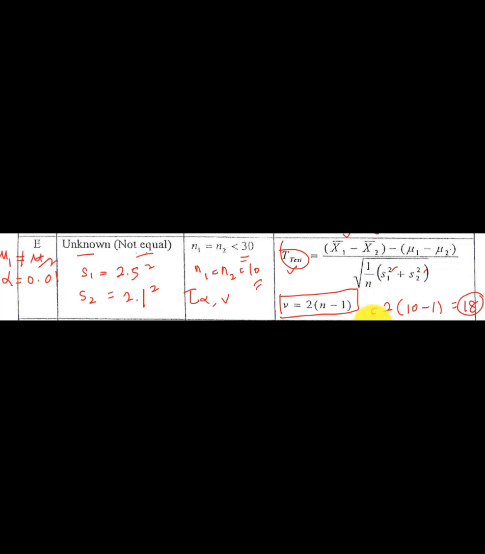So this is the two-tailed type. That means your alpha must be divided by 2. Then you get your alpha as 0.005. So that means your t-value is t 0.005 and your v is equal to 18.